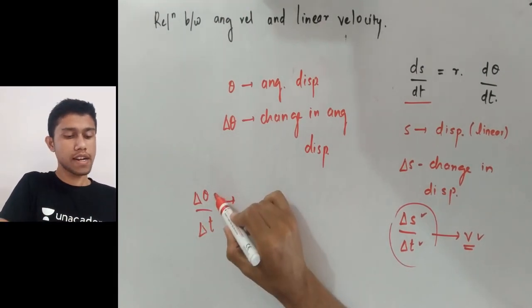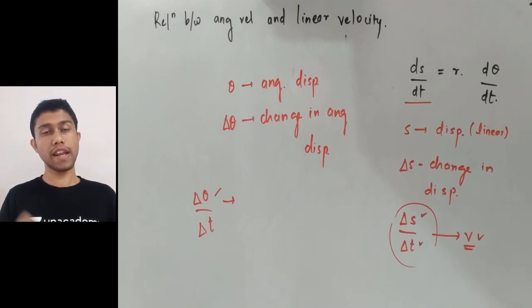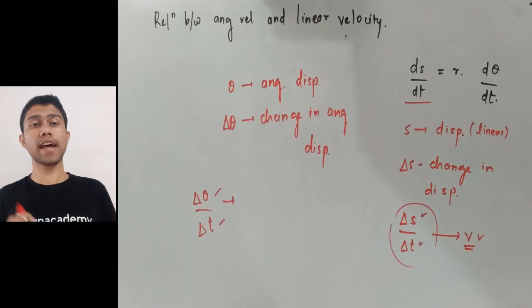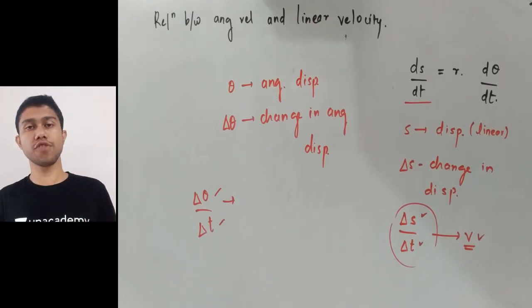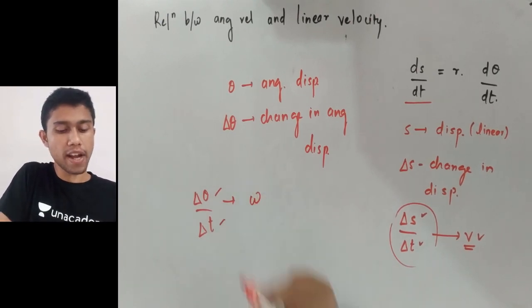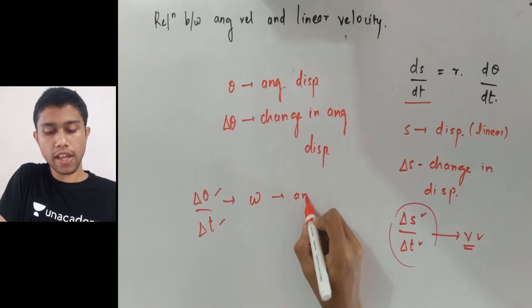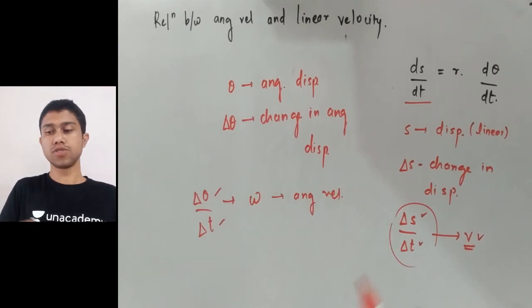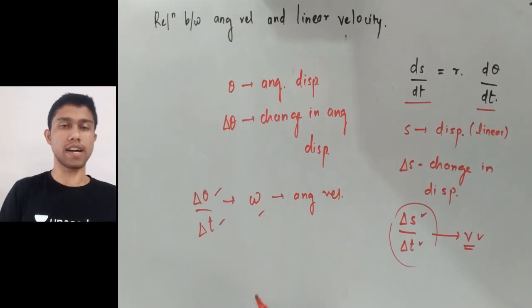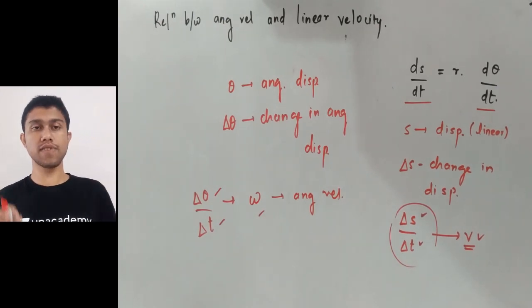It means change in angular displacement by change in time. So can I call it rate of change of angular displacement? Yes. And what does it mean? It is omega, that is the angular velocity. So I can replace this whole term d theta by dt with omega. Understood? So this is very, very important.